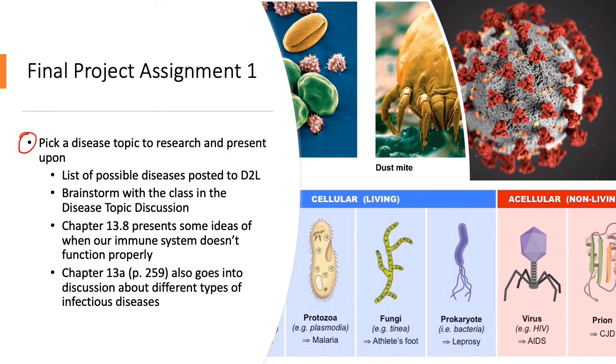Now that you have an understanding of the immune system, I'd like you to look at the list of possible diseases that I've posted to D2L. And using that list and the disease topic discussion in D2L, I'd like you to brainstorm with the class on what you think you'd like to present on.